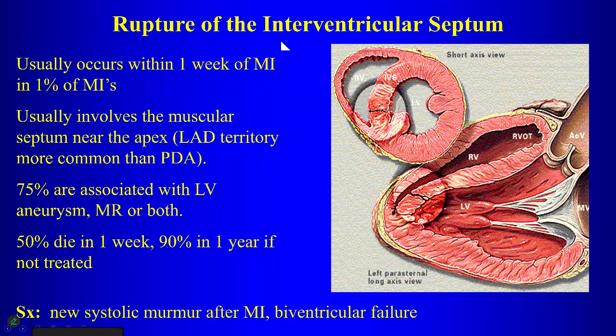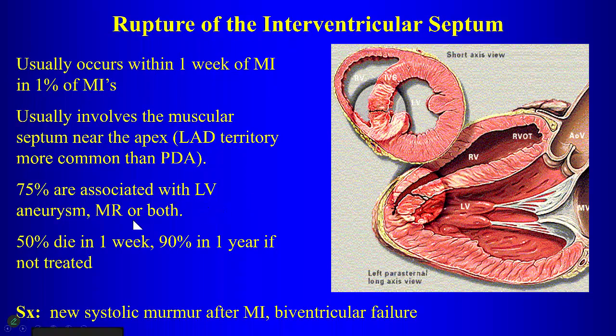So rupture of the interventricular septum usually occurs within 1 week of a myocardial infarction. Low percentage, about 1%, usually involves the muscular septum near the apex, that's the LAD territory, more common than the PDA territory. 75% are associated with left ventricular aneurysms.